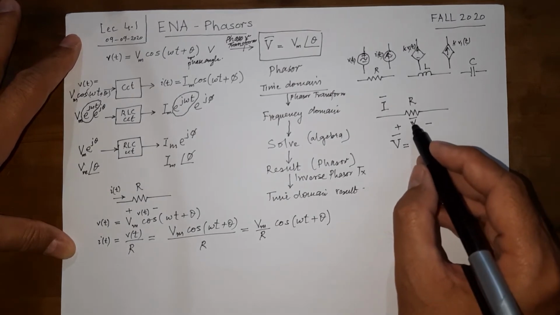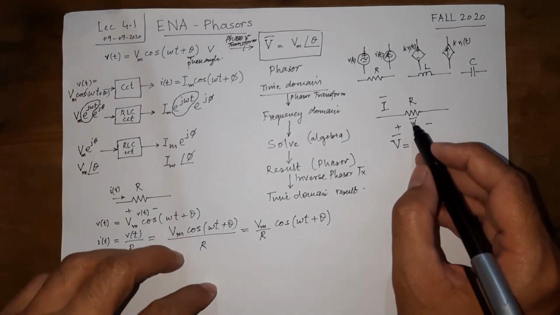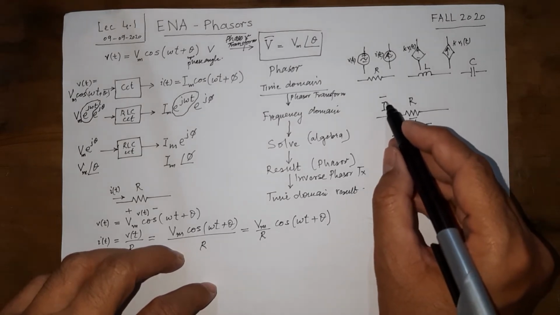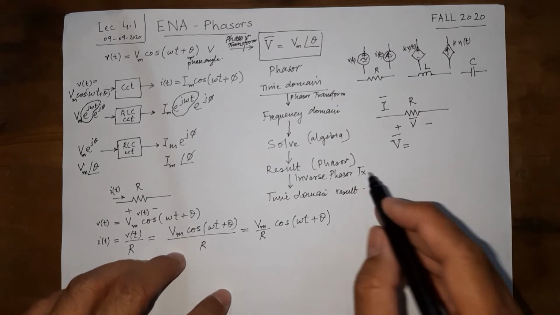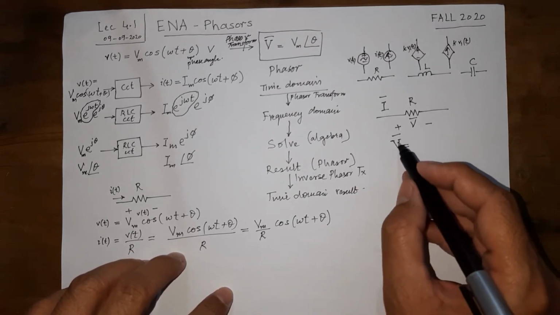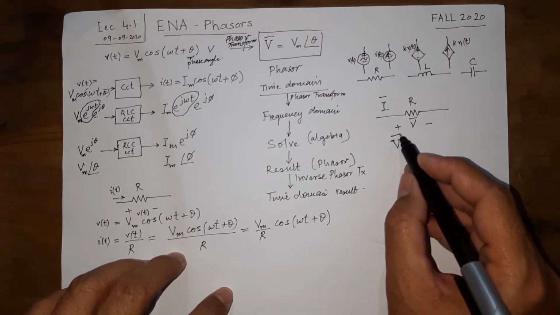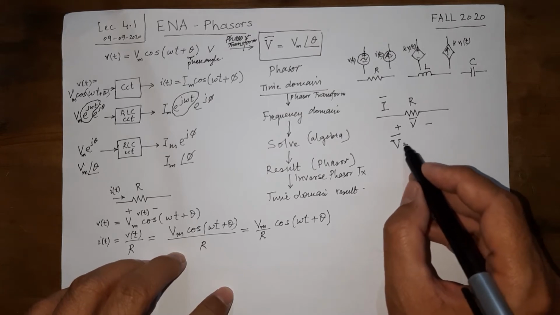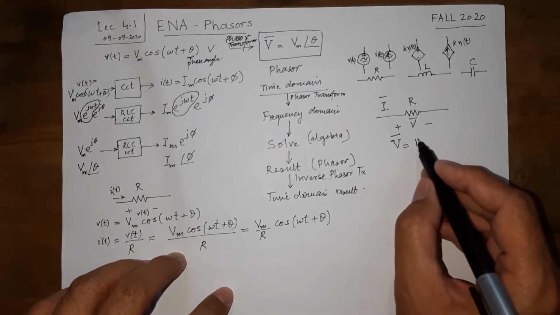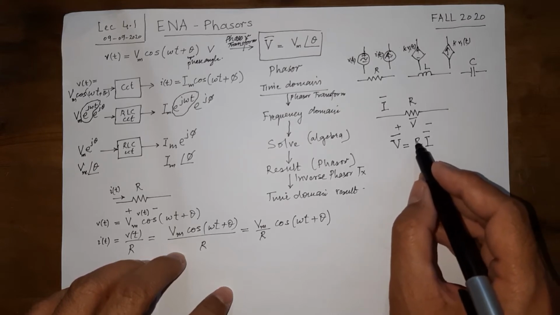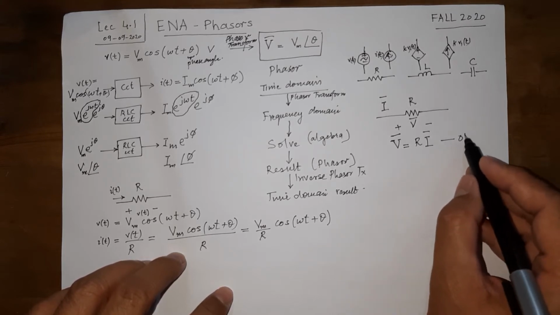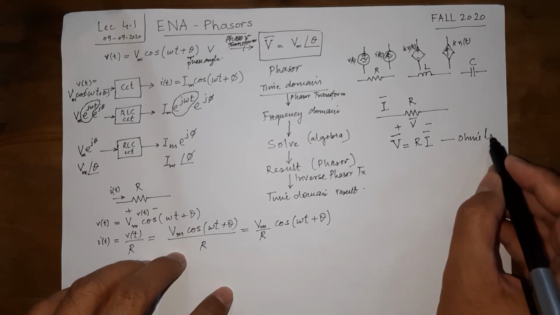In the book, the phasor quantities are written in bold, but since it's not easy for us to write in bold, we are going to use this bar. So in the frequency domain, the phasor voltage and the phasor current related to a resistor are still related to each other by Ohm's law.